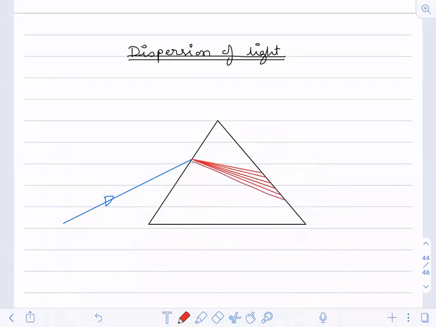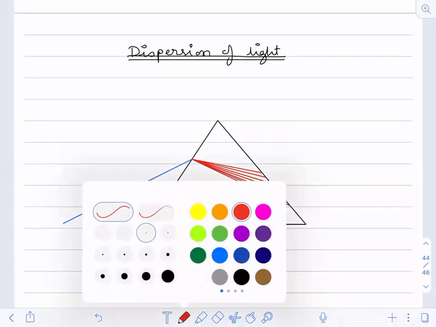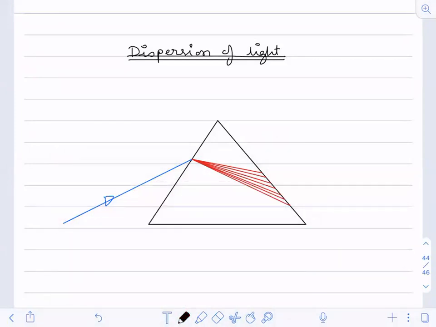So bending is always towards the base of the prism. This is how the bending will happen, and after the prism, it goes like this.